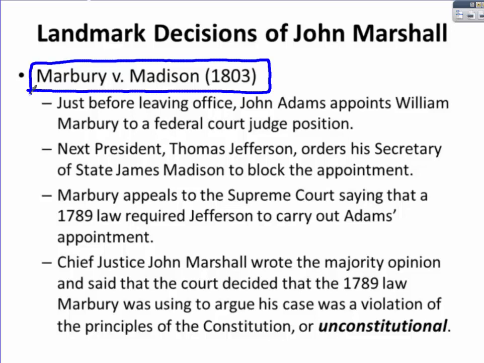Now, that doesn't mean that the decision declared the entire Federal Judiciary Act unconstitutional. What it's saying is that Marbury's argument using that law was unconstitutional. So Marbury losing his appointment and Thomas Jefferson appointing someone new was declared perfectly acceptable.